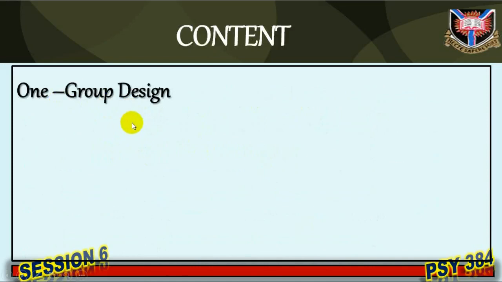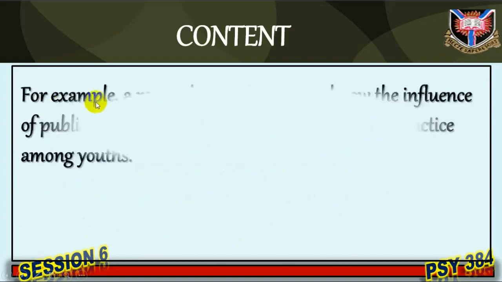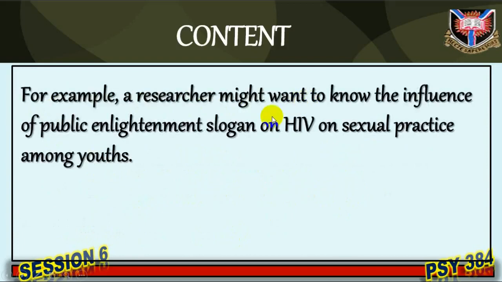One-group design. In the one-group research design, the main focus of the researcher is to observe what happens to the dependent variable, DV, when the independent variable, IV, is manipulated. For example, a researcher might want to know the influence of public enlightenment slogan on HIV on sexual practice among youths.